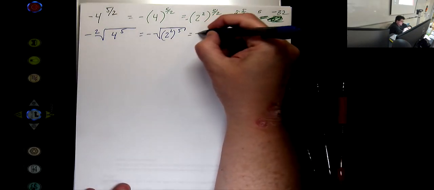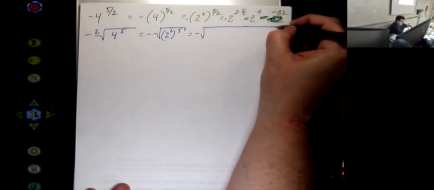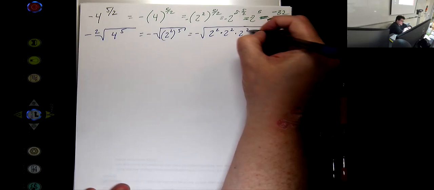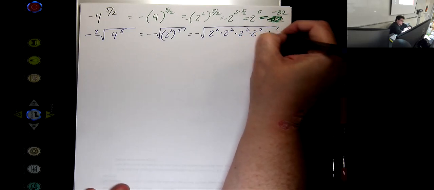So I've got 4 to the 5th power, but this is 2 squared. And so this is really 2 squared times 2 squared times 2 squared times 2 squared times 2 squared.